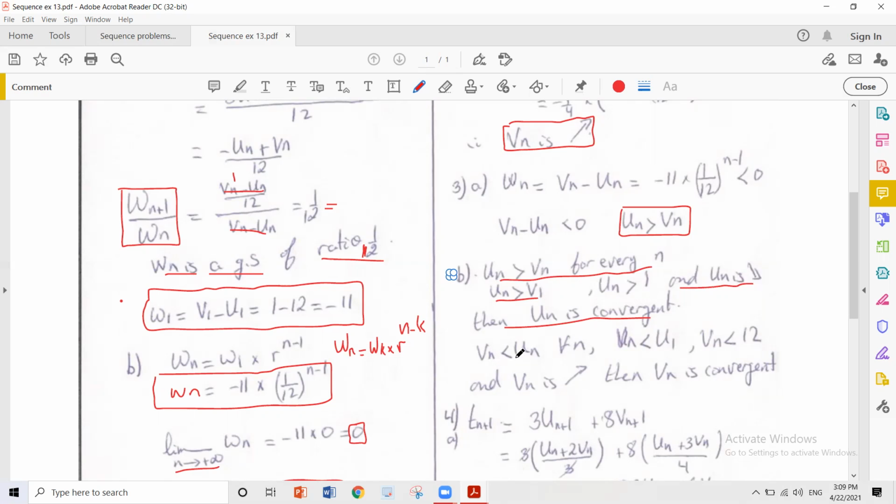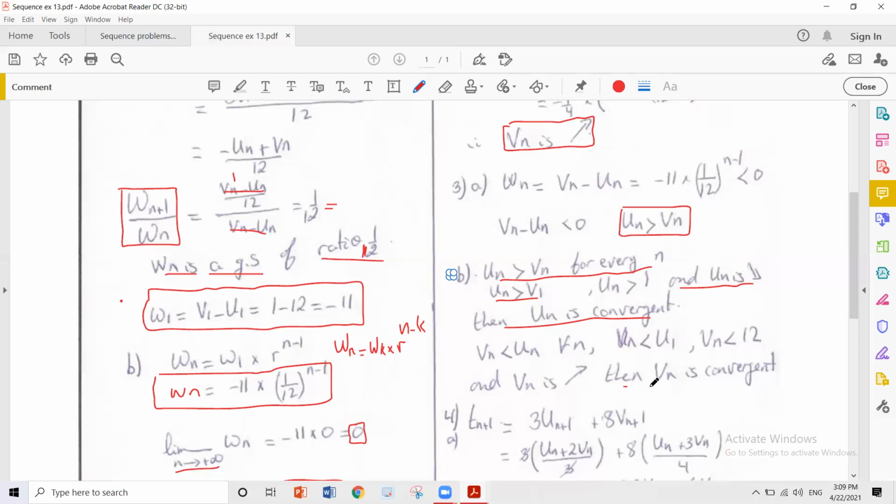Similarly, vn is less than un. Then vn is less than u1, which is 12. So vn is less than un for every n, and vn is less than u1. So vn is less than 12.